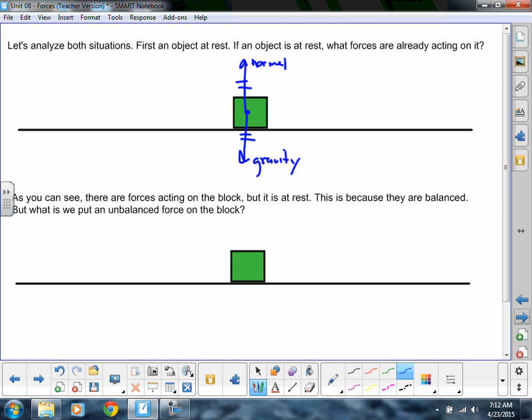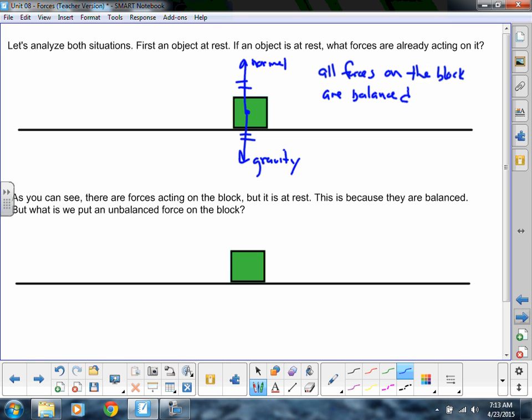If it's sitting on the ground at rest and there's nothing pushing it to the left or right, then all the forces on the block are balanced. So it's at rest. It does have forces acting on it, but gravity is being balanced by the normal force that's pushing back up on the block as the block pushes down on the ground, and it doesn't move. No change in motion. Newton's first law: only unbalanced forces can change the motion of an object.